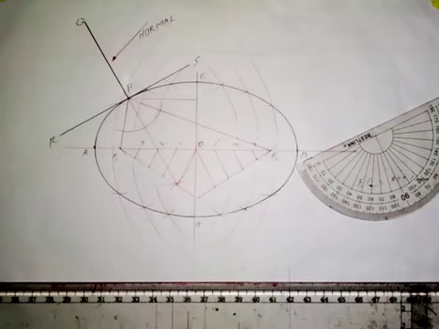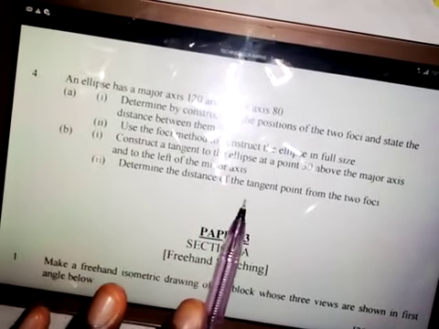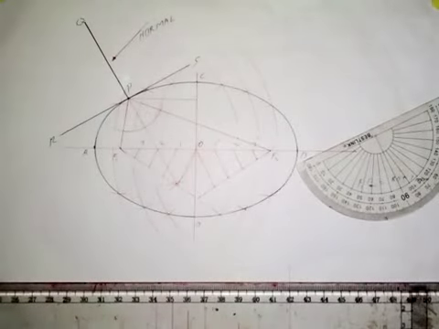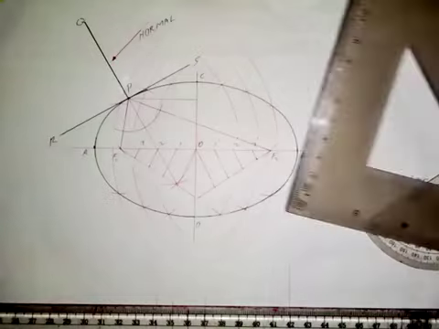The next thing we are going to do, I think we have another question that says we have to determine the distance of the tangent point from the two foci. So I need to take a measurement of distance PF1. Distance PF1 is 31 millimeters.